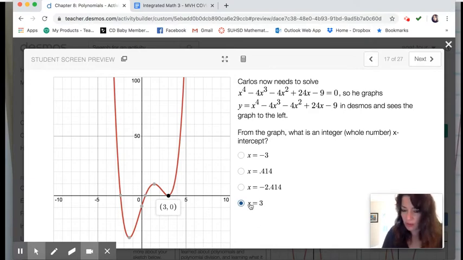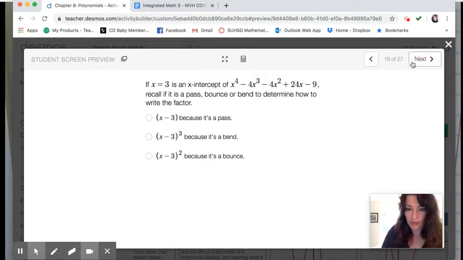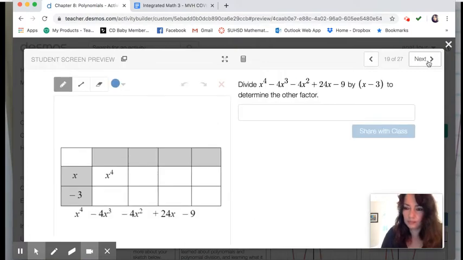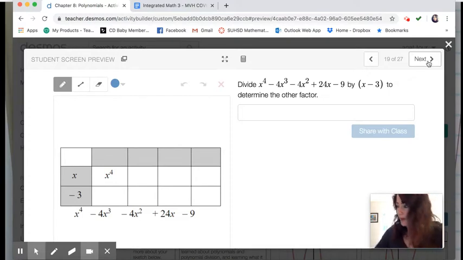So 2 of these would be x minus 3 as a factor squared. So that would be the bottom one right here. Divide x to the 4 minus 4x cubed minus 4x squared plus 24x minus 9 by x minus 3.